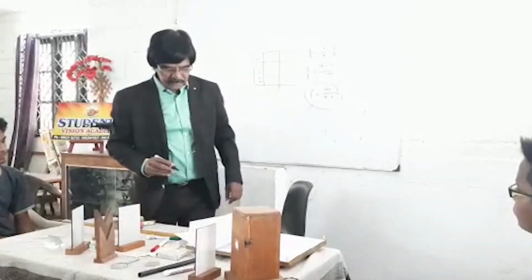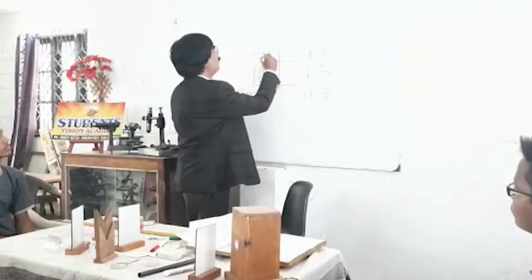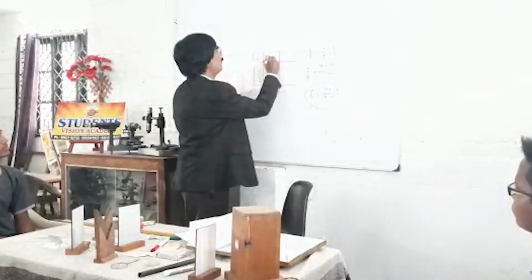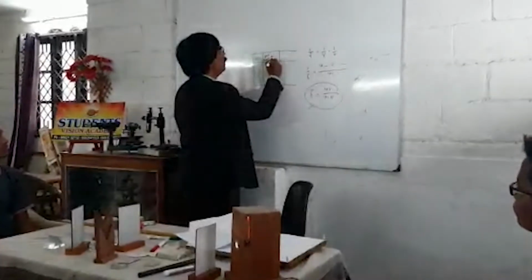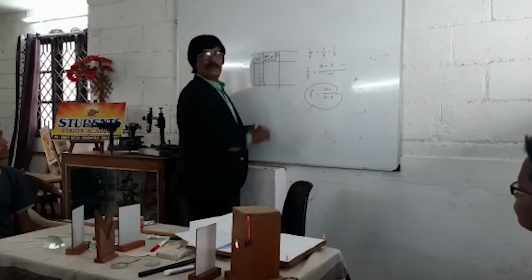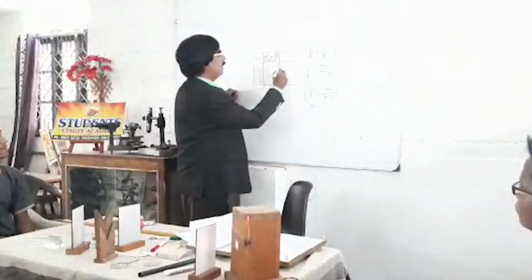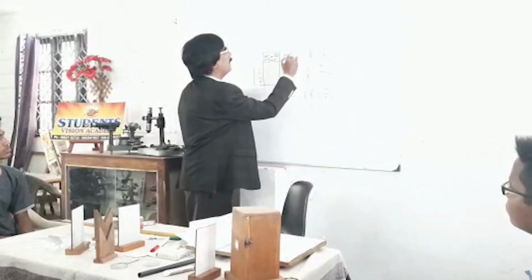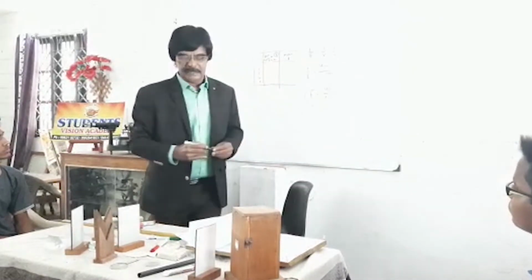Distance between the convex lens and the screen. Take a few readings, and take all the readings, divide by 5 to get the mean. Mean means average. We get this f. That's it.